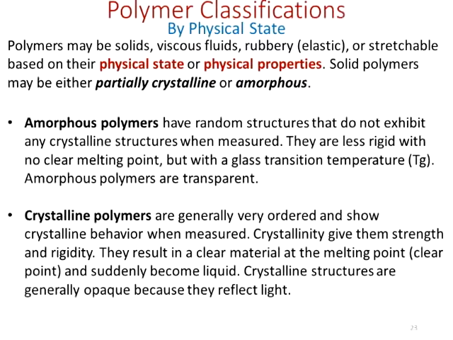On the other hand, crystalline polymers are generally very ordered and show crystallinity when they're measured. That's pretty important to why they function the way they do, because crystallinity gives them strength and rigidity. So crystalline polymers have more strength, and they're more rigid.